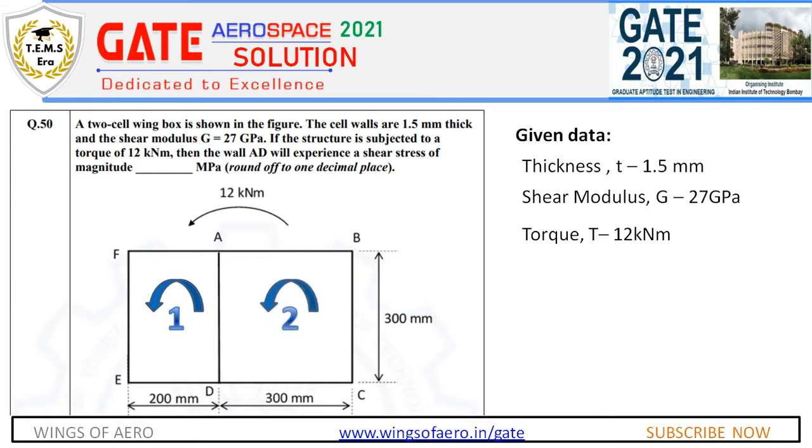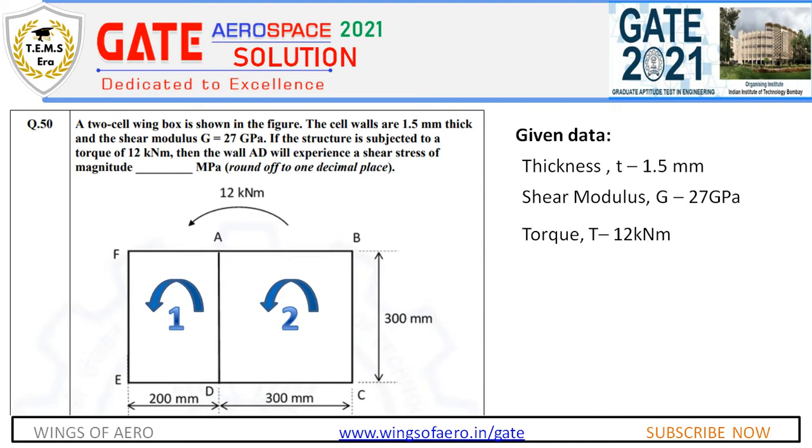So we have two cells. Let's consider ADEFA as cell 1 and ABCDA as cell 2. AD is a common wall experienced by both cell 1 and cell 2, so we need to find out how much shear stress occurs.